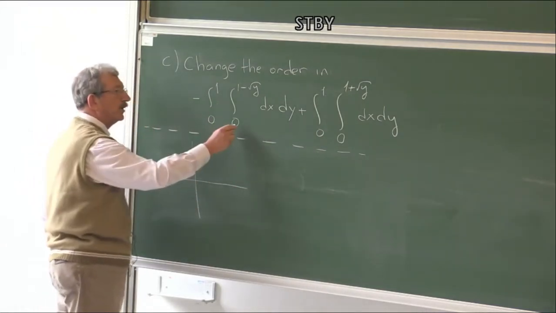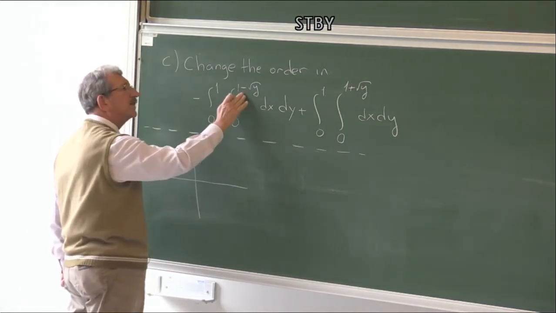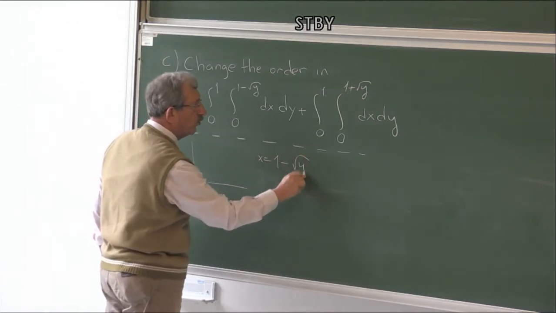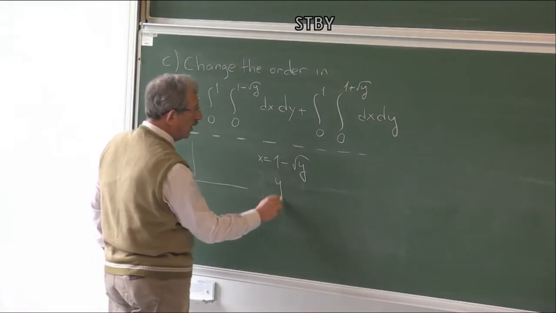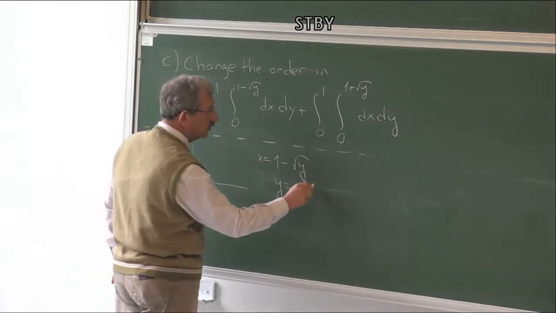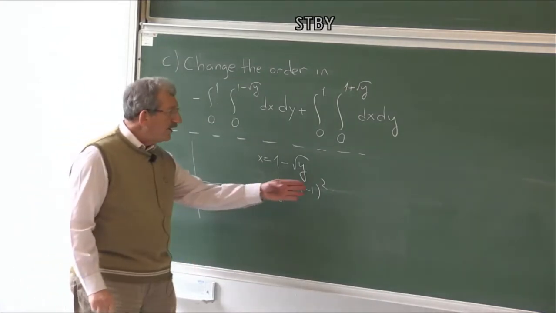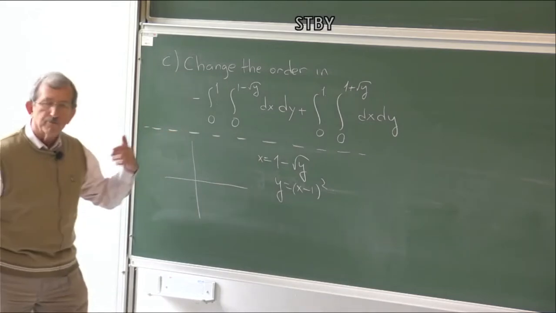Well, in the first one, of course, the critical part is x is equal to 1 minus root y. Well, this is nothing but y is (x minus 1) squared. But when taking the root, we have taken the negative root.